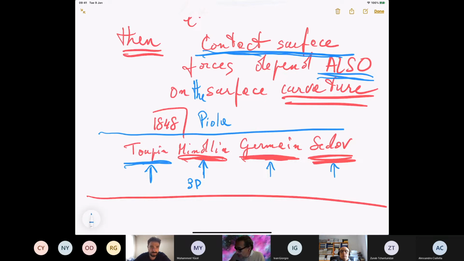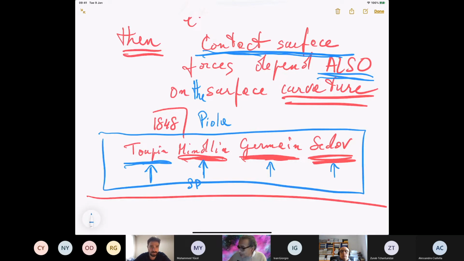All these knew that contact forces depend also on surface curvature. However, in every book in engineering schools, you find that this is not possible. Also in science, propaganda, transmitting fake news is very strong.